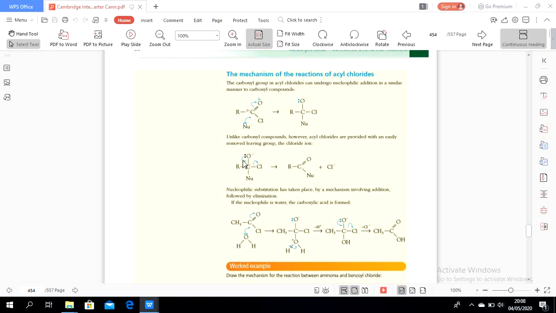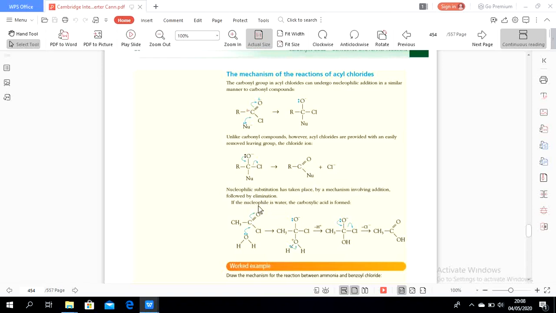Second, the oxygen has extra electrons because it becomes negative, and the electrons go into the carbon because the electrons of the carbon are being taken by the chlorine. It tries to make the structure stable or balanced. So this one is the reaction.